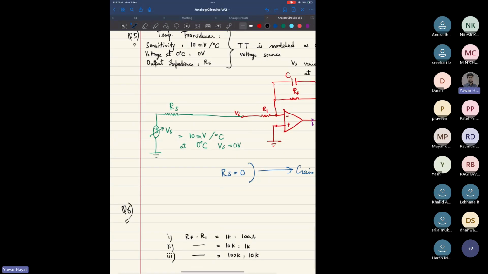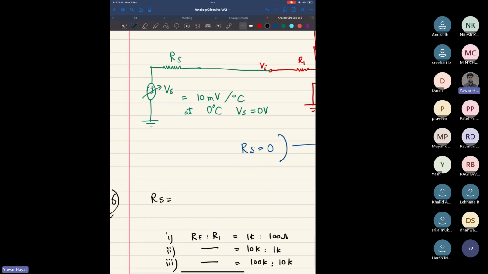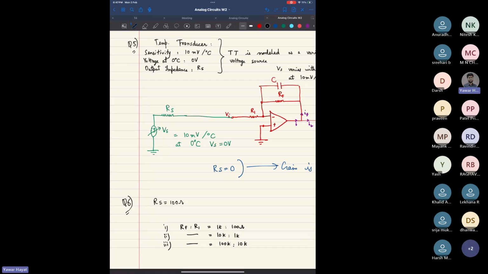Okay, the question is, I hope you got it. We concluded that the gain would be maximum for RS equal to 0. Now let's take RS as 100 ohm. Now find the magnitude of the DC gain. Is the question clear?